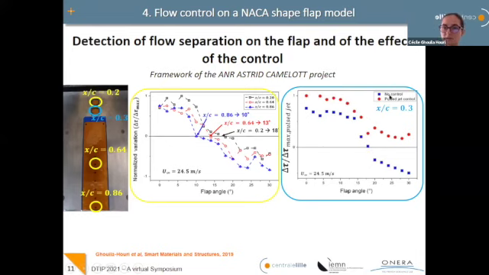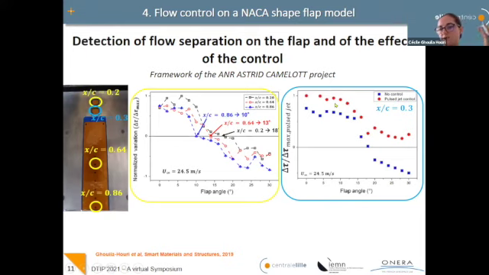And when we add the pulse-jet control, we can see that the shear stress stays always positive for all the angles. So the flow is not separated. Sorry, it's attached for each angle of the flap.